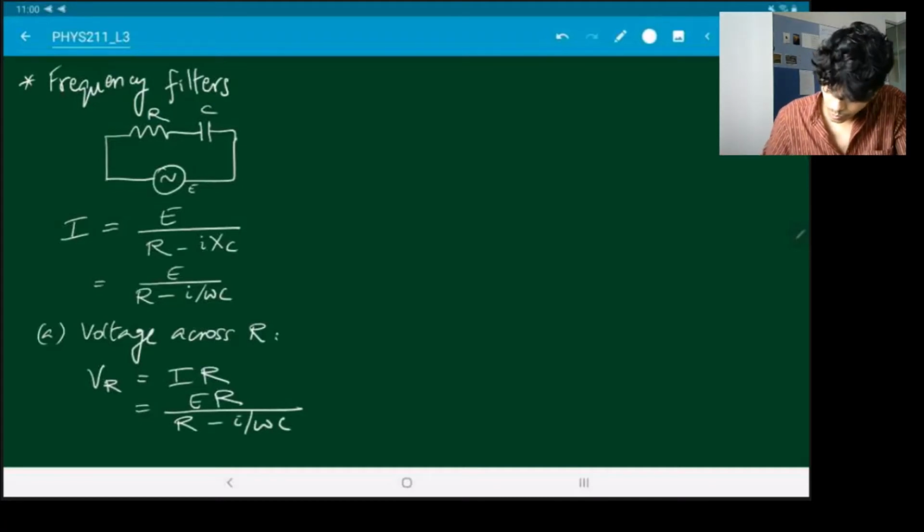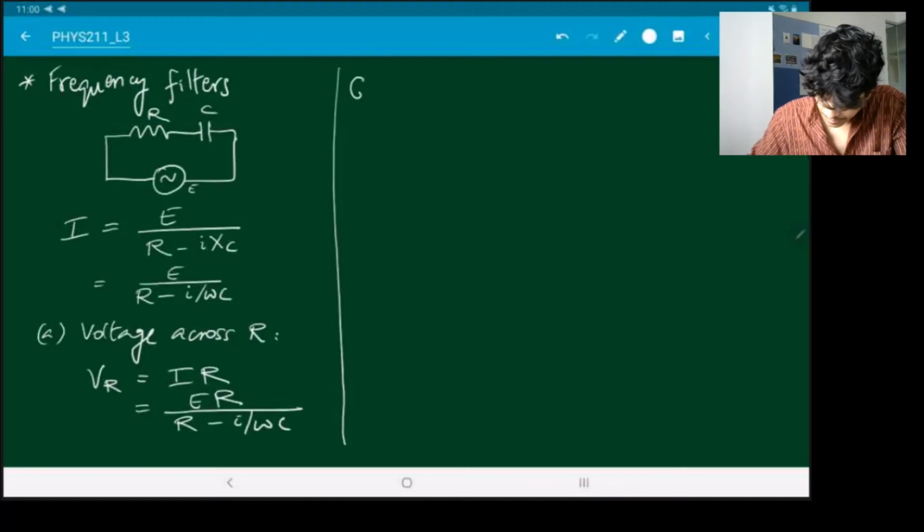Now what I can do is define what is called the gain factor, which is the output voltage divided by the input voltage. Of course, magnitudes, because these are all complex numbers.